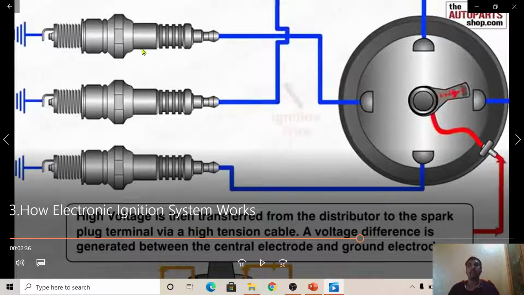This is the way the current is supplied to the spark plug. But how does the spark plug generate the spark? This is very important, and we will watch it with the help of this video. So please concentrate.